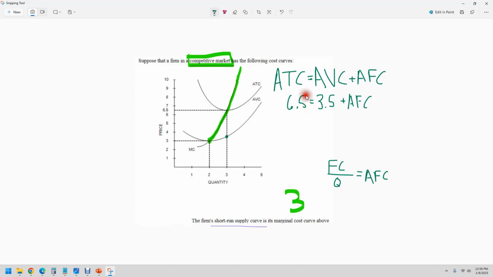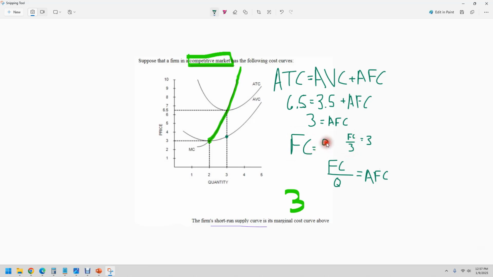Now, this is a problem you can probably do in your head, but if you needed to, you could subtract 350 from this side, subtract 350 from this side, and the average fixed cost of producing 3 units is 3. We plug that in down here. We've got 3 equals our fixed cost over our quantity, which in that case was 3. Okay, so our fixed cost is 9.